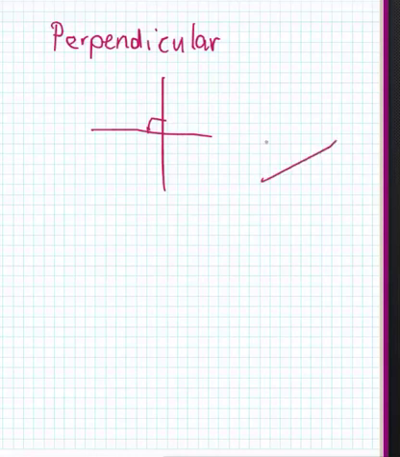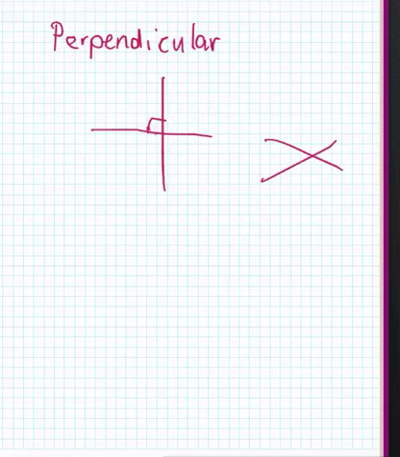If I drew these two lines, you can see they are not perpendicular because there is no right angle. And we know that this symbol here means a right angle. So they cross at 90 degrees, or at right angles. And really, if you're given a question asking whether they're perpendicular or not, you should see this symbol here.